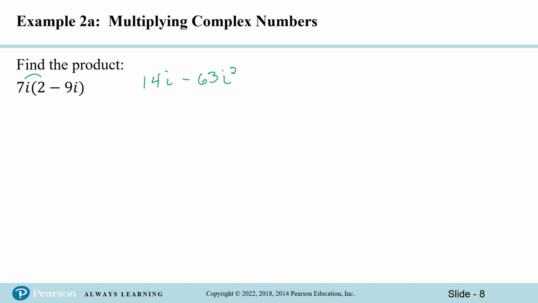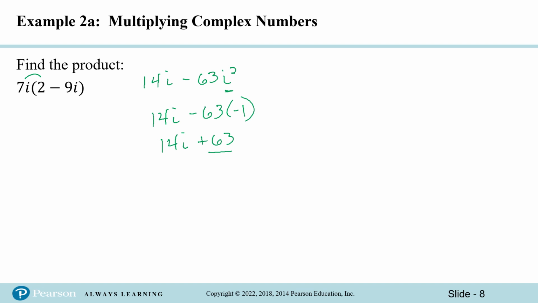That gives me i squared. Earlier, I mentioned that i squared is -1. Whenever you get an i squared in your answer, you have to replace it with -1. Don't forget to do that. So you have 14i minus 63 times -1, and that gives me 14i plus 63.